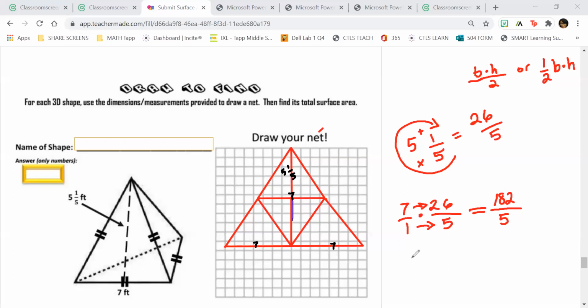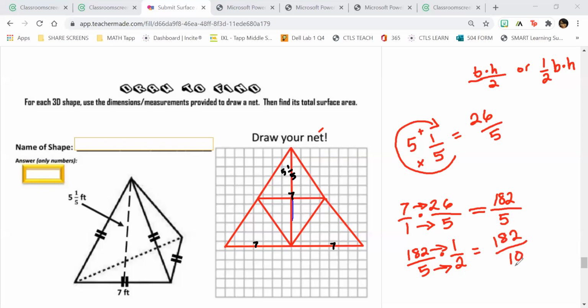So we did the base times height. We got 182 over 5. Now it's time for us to multiply that by 1/2. Okay, so 182 times 1 is 182. And 5 times 2 is 10. So now I have to ask myself, I see that this is not this fraction's final form, as you know I like to say.